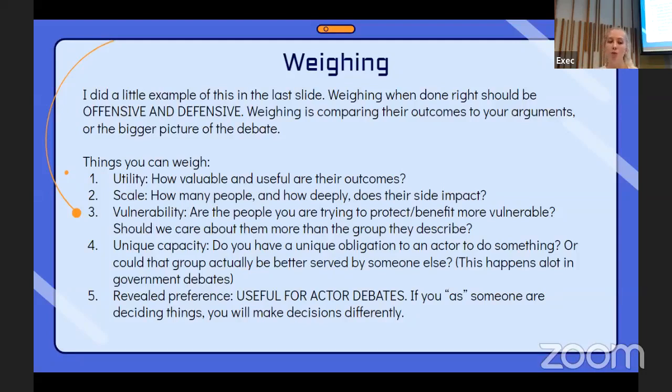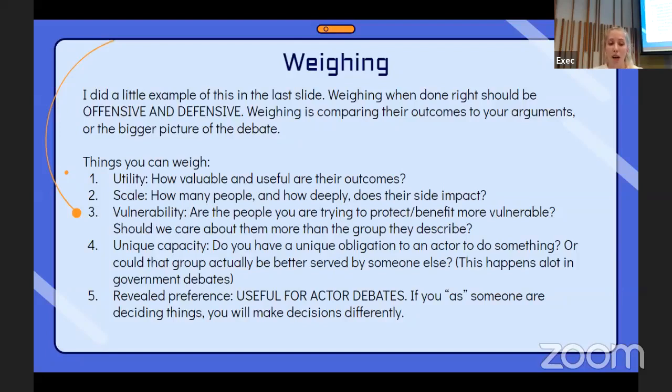So you would be talking about why the groups that your side aims to protect are more vulnerable, and therefore we should care about them more. You're trying to get more benefits for that group, and then explaining how on their side, in comparison, they are less protected, and because they're a vulnerable actor, you should side with your side, who gets better outcomes for them.